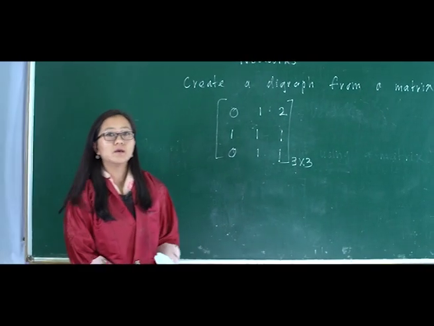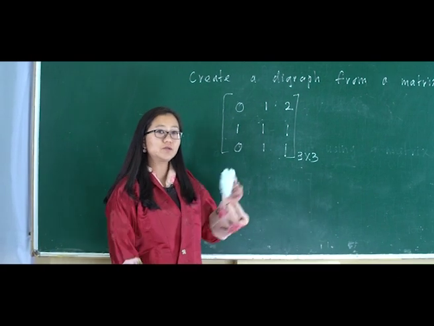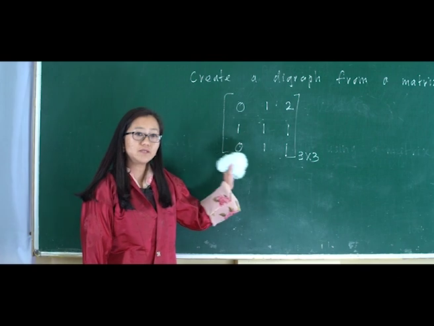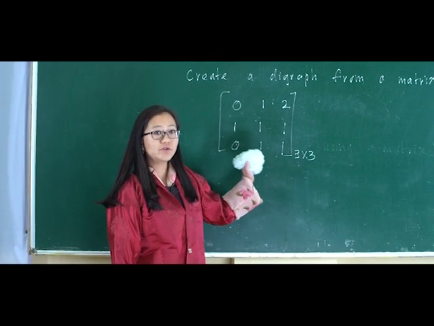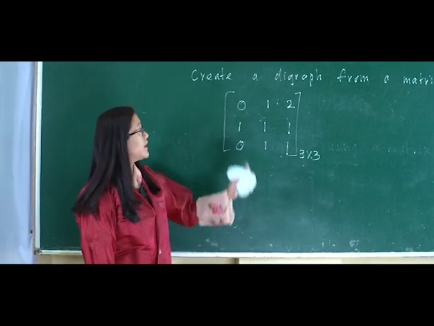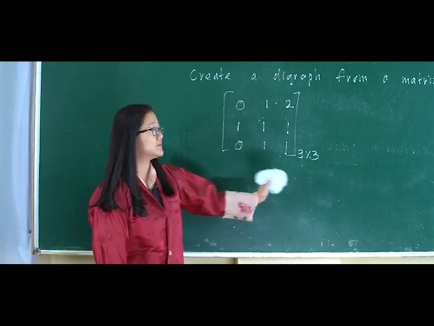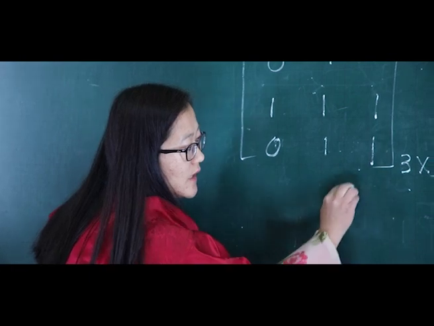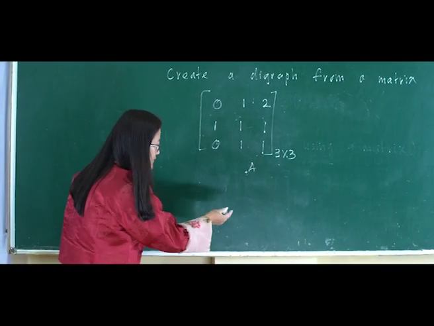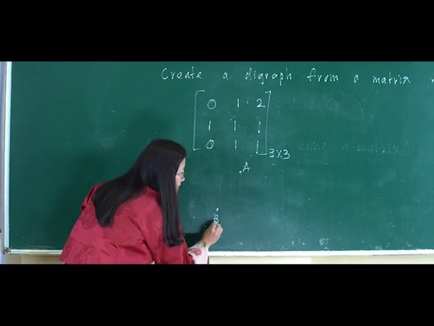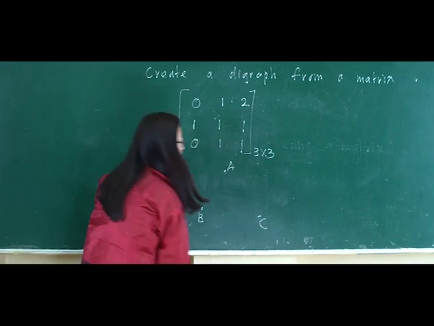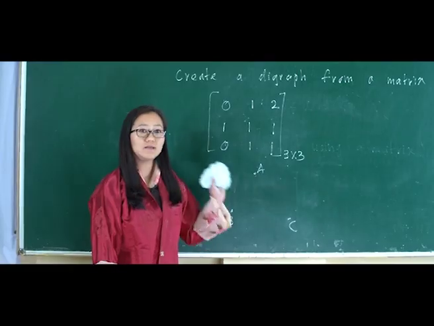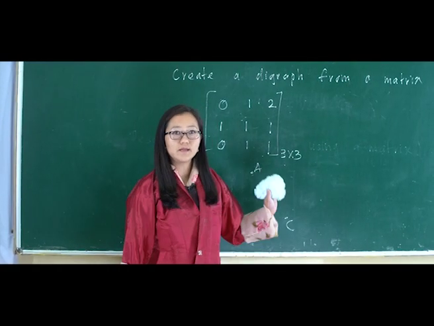Okay. So for this matrix, if I'm asked to make a digraph, the first thing I need to know is how many vertices I have here. I have 3 vertices, because I have 3 rows and 3 columns. So let's name these vertices A, B and then C. I place these vertices A, B, C in this order, though it necessarily need not be in this order.